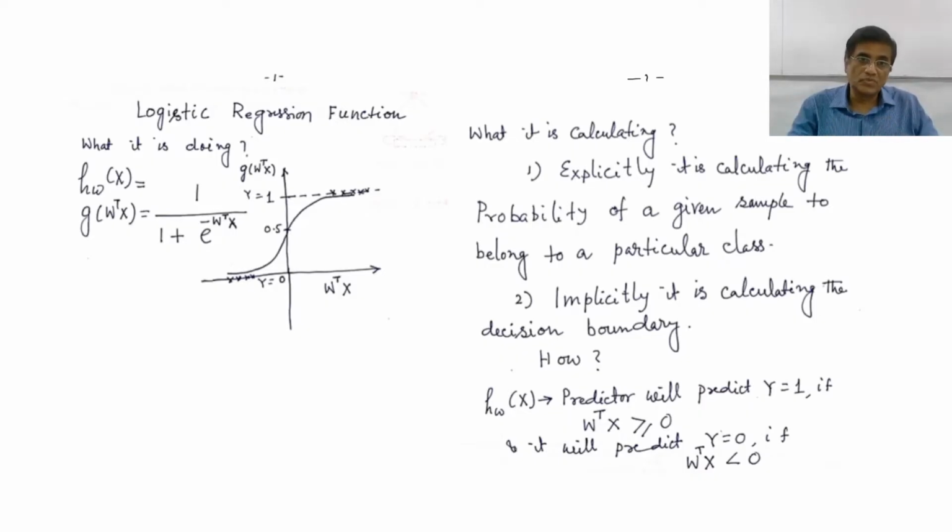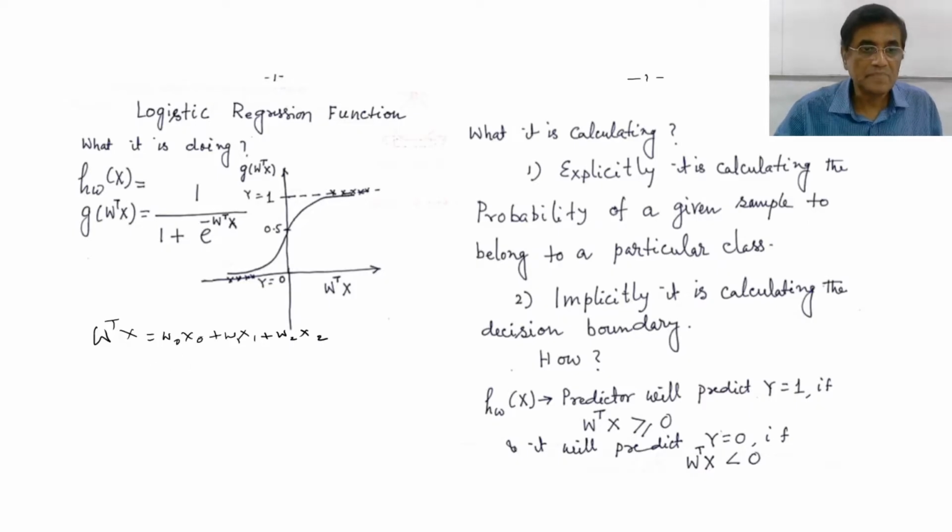If you now calculate this predictor, explicitly it is calculating the probability of a given sample belonging to a particular class, isn't it? Say for example, you have designed W transpose X equals W0 X0 plus W1 X1 plus W2 X2.